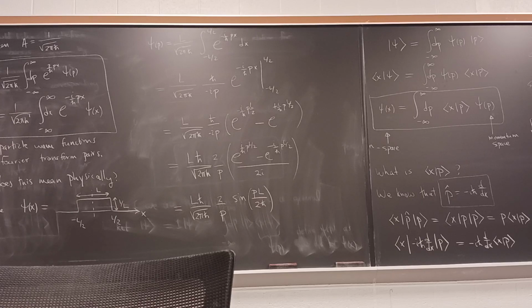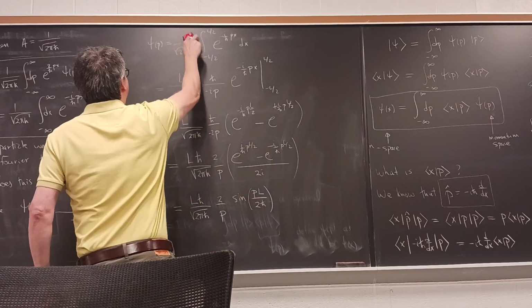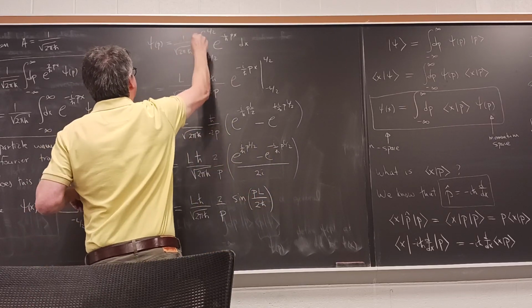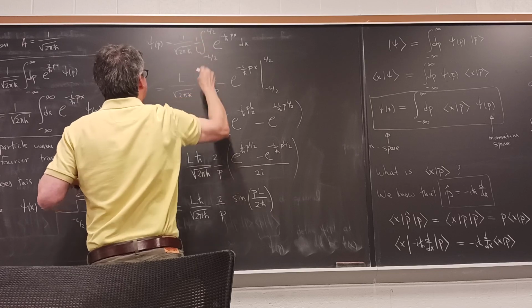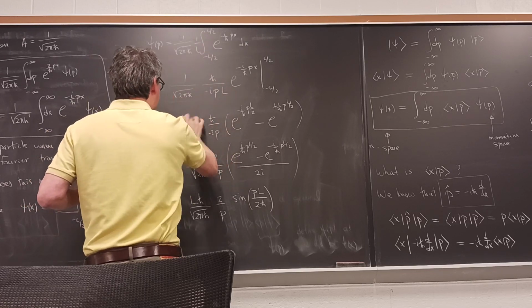Did I put my L in the wrong place? Ah, the height's one over L. This L is not up top, this is a one over L. Much better, I'm much happier then.